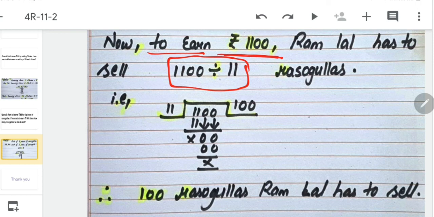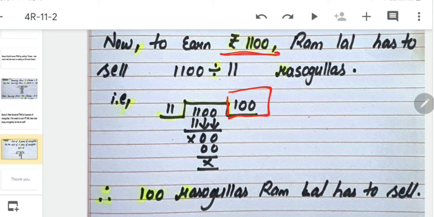By selling them, Ram Lal can get rupees 1100. So let's divide 1100 by 11. So 11 into 1 gives us 11. Then for these two zeros, we have to put 0 here. So that means Ram Lal has to sell 100 pieces of rasgullas to earn rupees 1100.